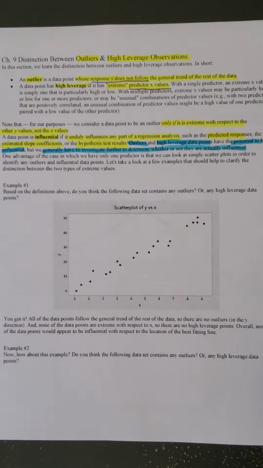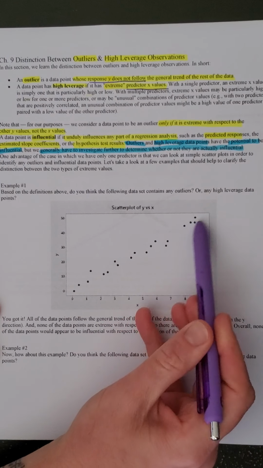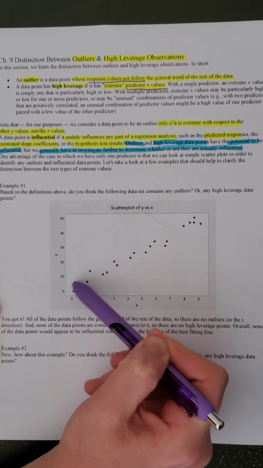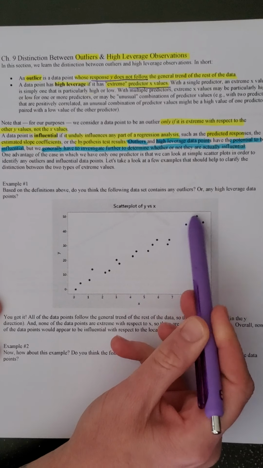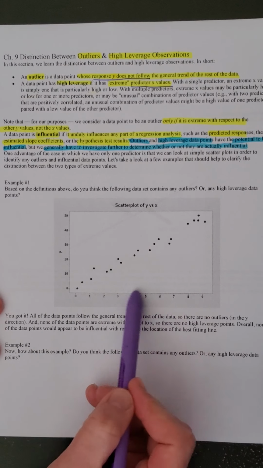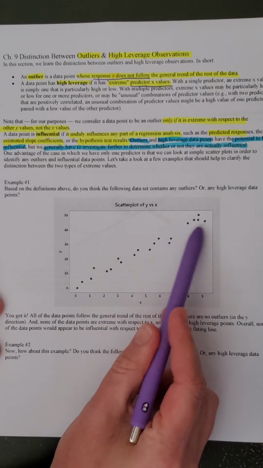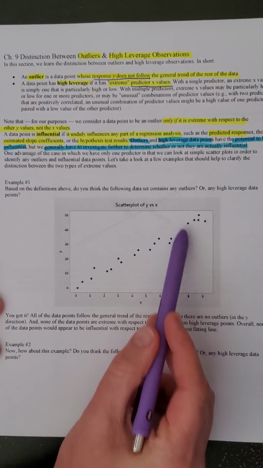Looking at these, we're looking for any data points that have any extreme Y values. This one's a slight bit high, but I wouldn't call it an outlier. So no extreme Y values. I also see that there's no extreme X values. There's a cluster here. There's a slight gap, but I still wouldn't call those points leverage points because there's so many of them.